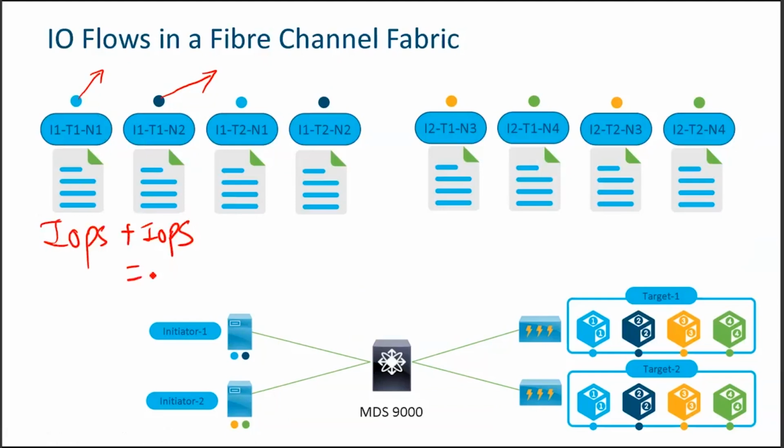This would be the IOPS of the I1, T1 flow. But imagine in a production environment, you have 500 such ITL flows or ITN flows. Now we're talking about doing a sum of 500 values, not the best thing.